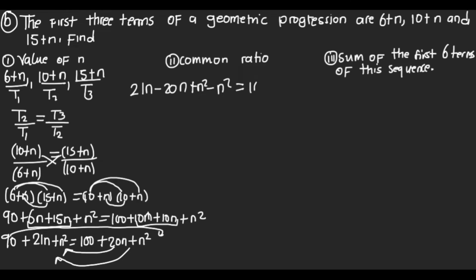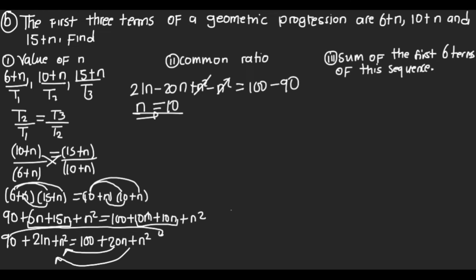Then here we have 100 minus 90. Since here is positive 90, after crossing it will change to negative 90. So 21n minus 20n will have just n. Then this will cancel, is equal to 100 minus 90 will give us 10. So this is our actual value of n.